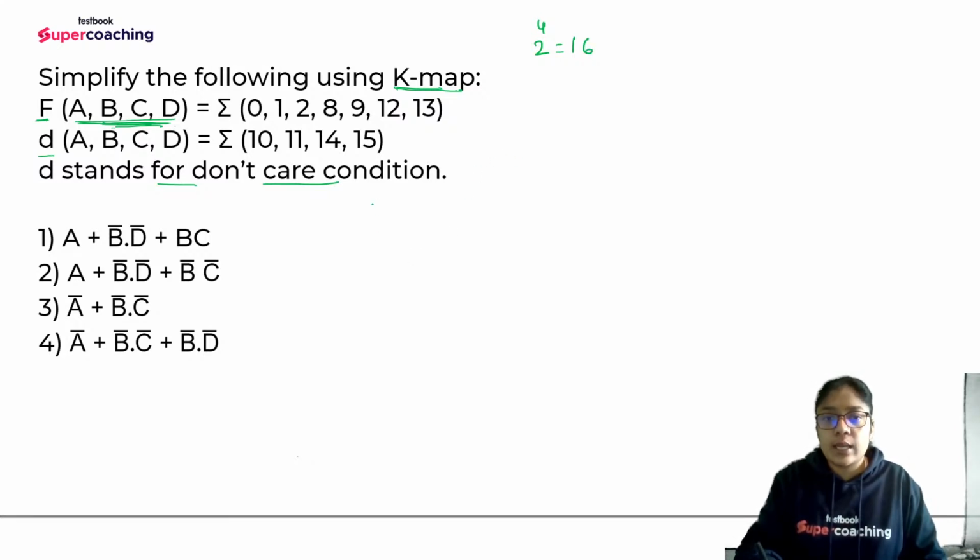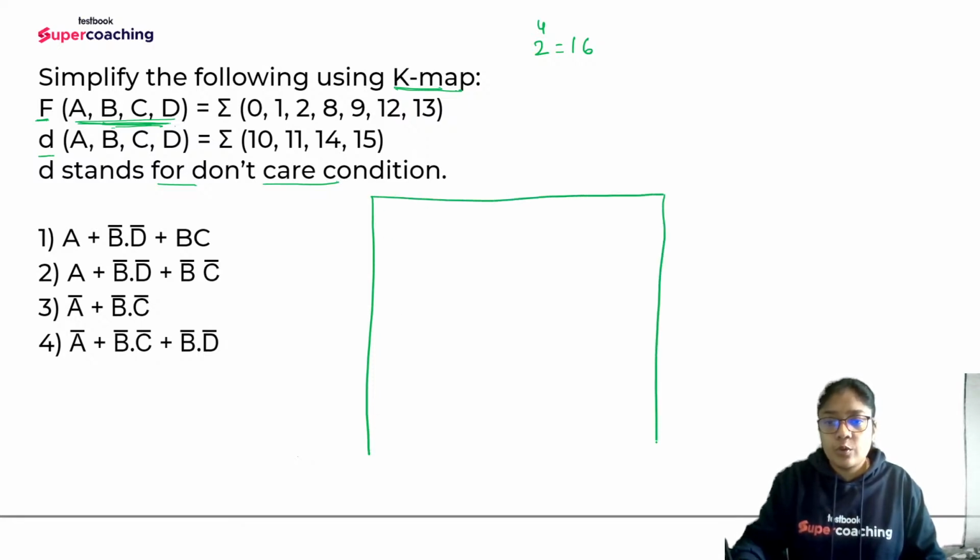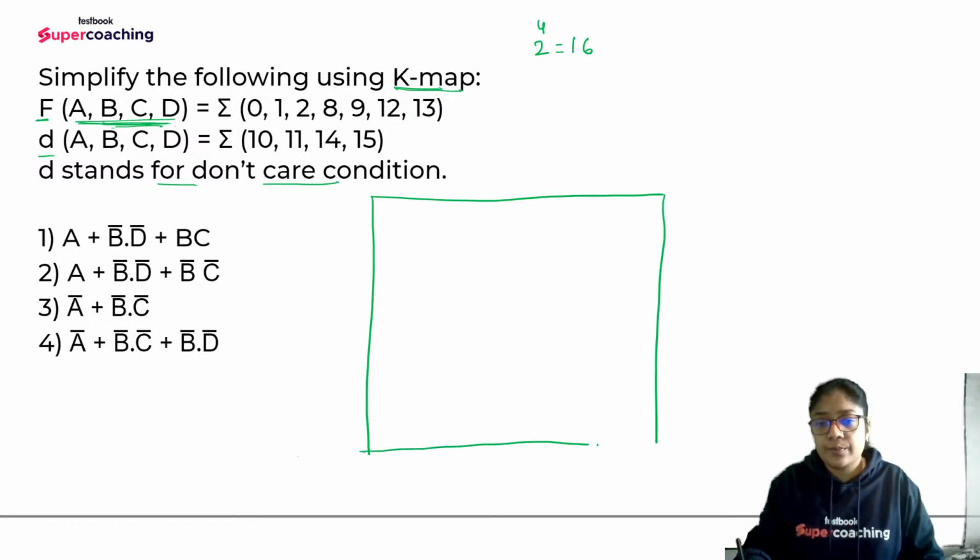So construct the K-map. 4 variable K-map. 16 cells are arranged in the form of 4 rows and 4 columns.